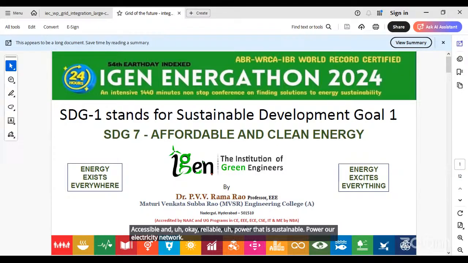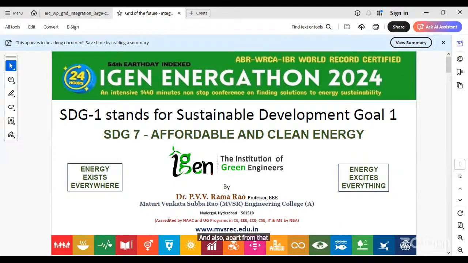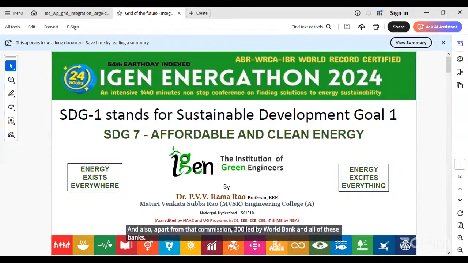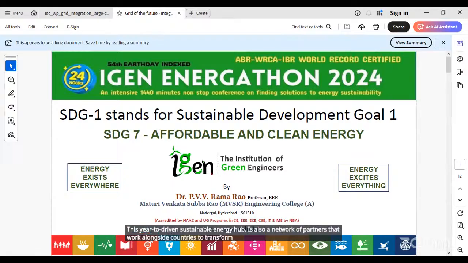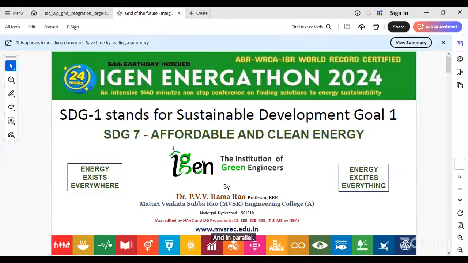Apart from Mission 300 led by the World Bank and African Development Bank, the UNDP Sustainable Energy Hub is also a network of partners that work alongside countries to transform energy. This is also reported. In parallel, this is the UNDP SDG diagram, where you can see the ranking for SDGs, climate change, and going digital, transformation for an improved economy and quality of life.